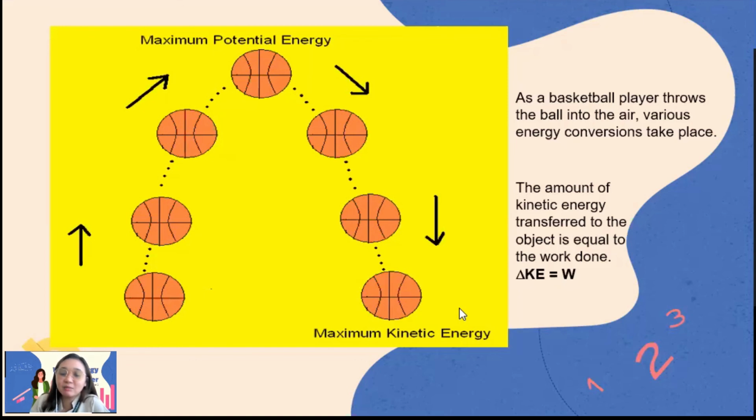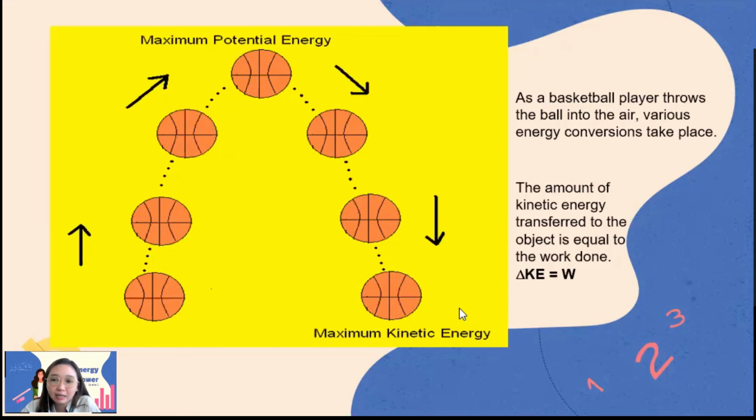Okay, as the basketball player throws the ball into the air, yung various energy conversions take place. So sa isang motion ng object natin, these diagrams prove na hindi lang all throughout dun sa motion ng object natin, magkakaroon tayo lang ng kinetic energy or potential energy. Hindi mo pwedeng ma-conclude na, ay ma'am, gumagalaw po yan. Kinetic energy lang po yung meron yan.